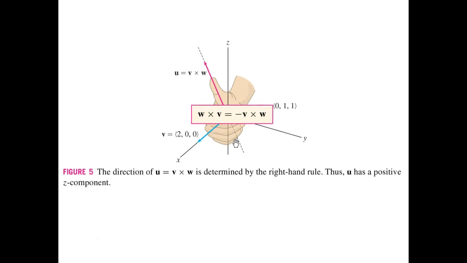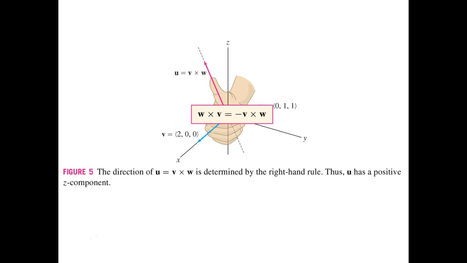All right, the direction of U, which is V cross W, is determined by the right-hand rule. Boy, it's the third time they've said this. Thus, U has a positive Z component in this case. Okay. Oh, this is a particular problem. And they superimposed two slides on each other. They shouldn't have done that. The one in the background here is talking about two vectors.